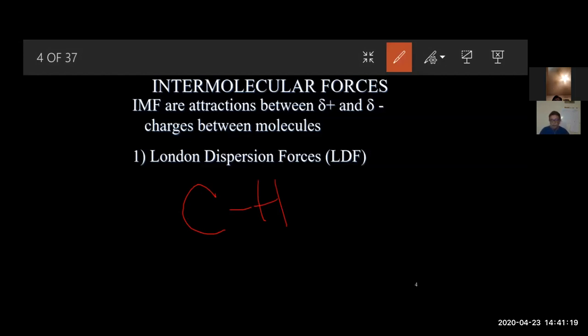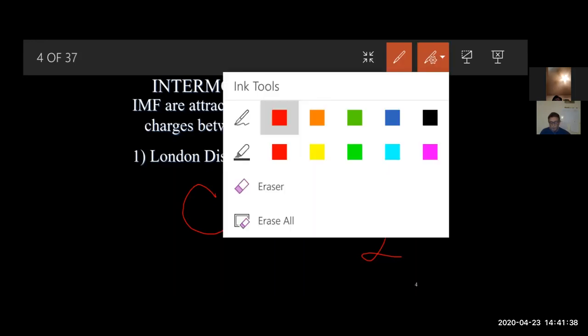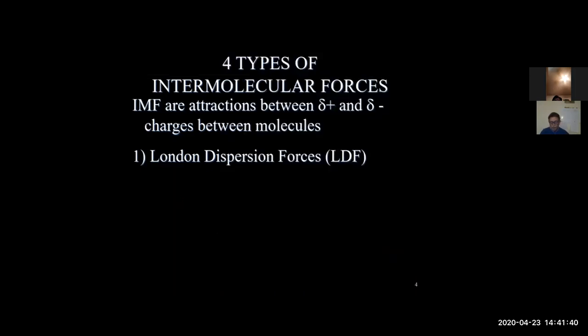The result is that that bond is nonpolar. And so all of the diatomic molecules, which I denote by X here, bromine, chlorine, hydrogen, and so on, are nonpolar, and the carbon-hydrogen bond is nonpolar. Therefore, the only force they deal with is the London dispersion forces.